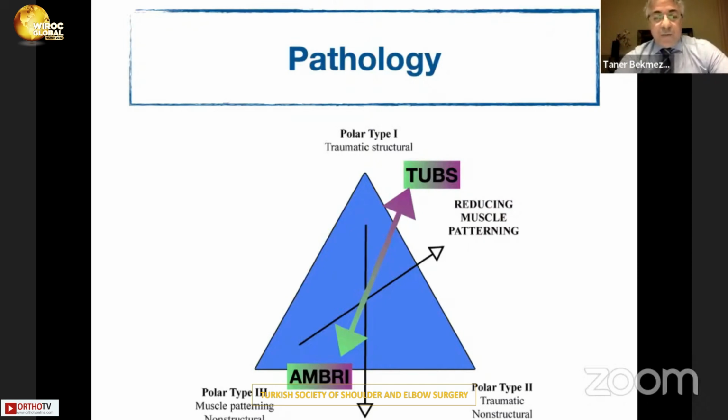Polar type 2 patients have traumatic but non-structural lesions, generally uni or bidirectional instability with normal muscle. Unfortunately, polar type 3 is the most challenging group, I think, because it is atraumatic with abnormal muscular patterning, and bilateral MDI is observed in these patients.